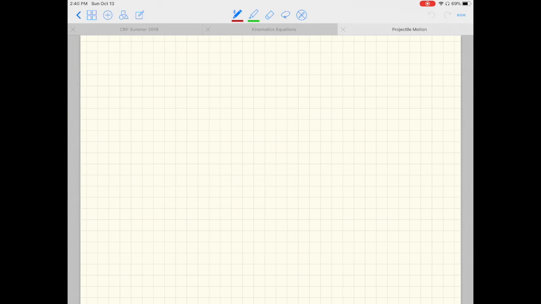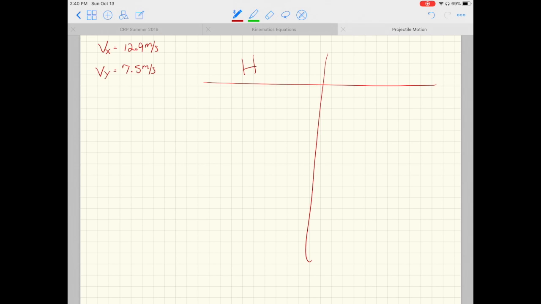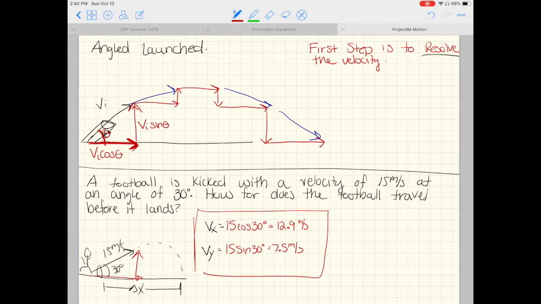Now these are the velocities I will use to solve the problem. So I'm going to go on to the next page. Remember, our horizontal velocity was 12.9, and my vertical velocity was 7.5. So I'm going to make my chart, with a horizontal and a vertical. The horizontal always uses the exact same equation. Remember, I am trying to find how far, delta x. Now, here's how it's different.